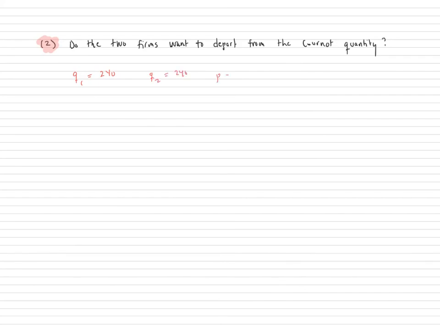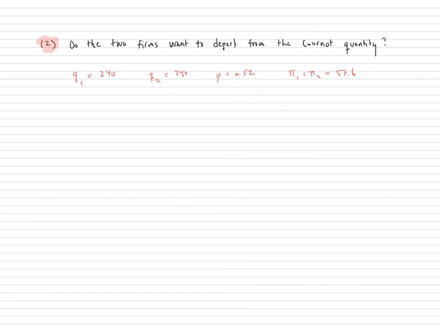The market price right now is equal to 0.52, and each firm is making 57.6 in terms of profit. All right, so the question is, would a firm want to change what they're doing?